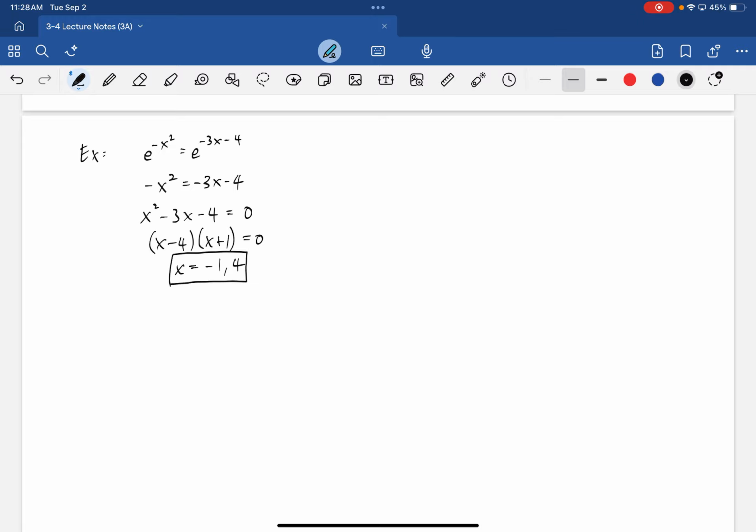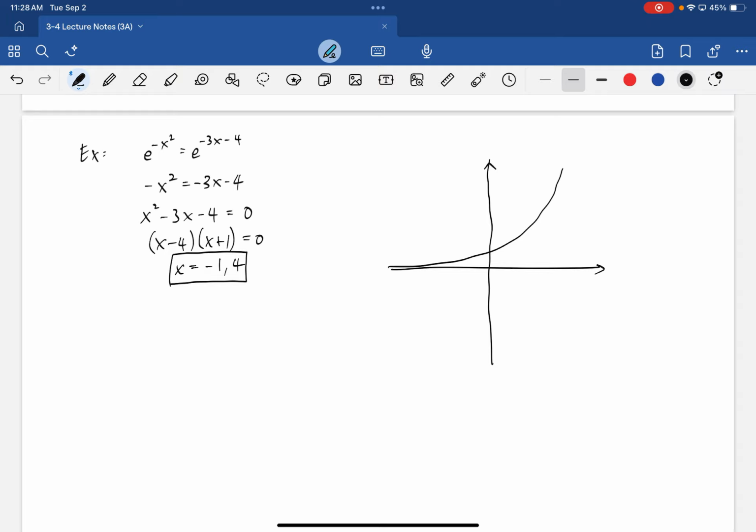Because exponential functions have a domain of what? All real numbers, right? So exponential functions take pretty much any value, so we essentially don't have to check our solutions when we have exponential equations. Make sense?